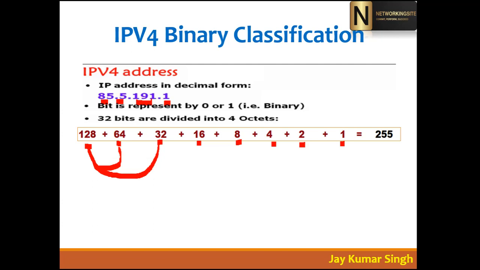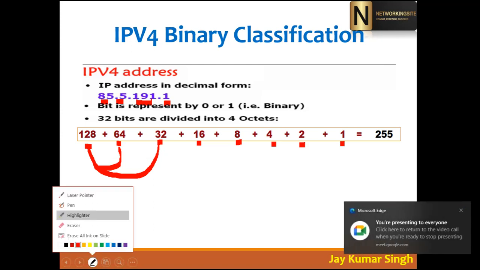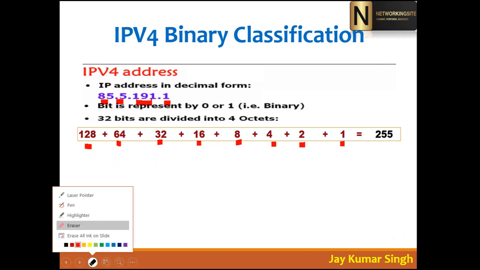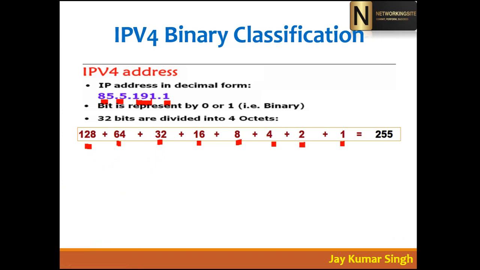If I give you all these numbers and tell you to add any numbers and find 85, then we start with 128. Is 128 higher or lower than 85? 128 is not matching, so it will be 0 here.